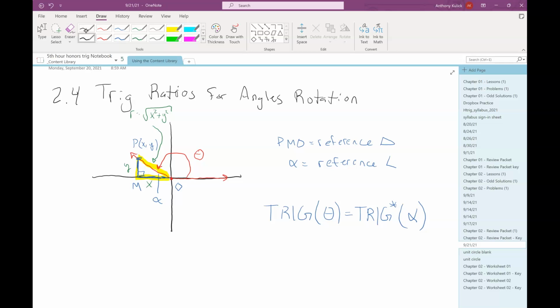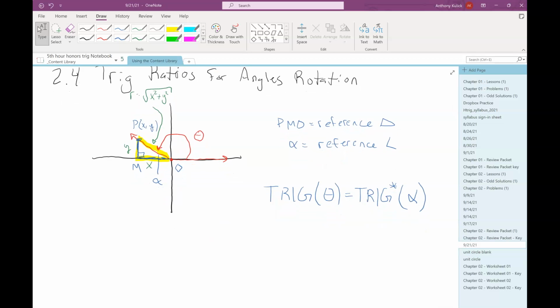So now I am ready to redefine sine, cosine, and tangent in terms of x, y, and r. So sine theta is going to be opposite, so y, over hypotenuse, that's r.